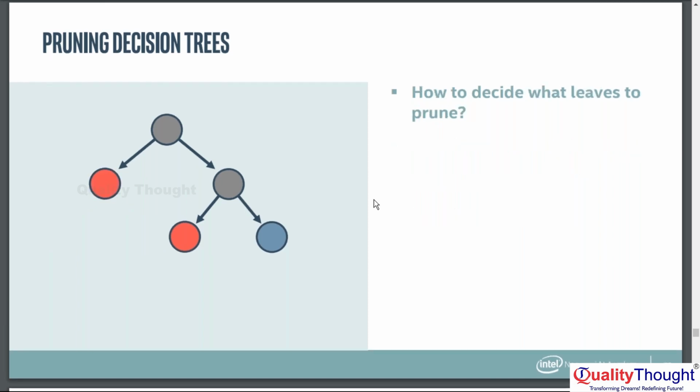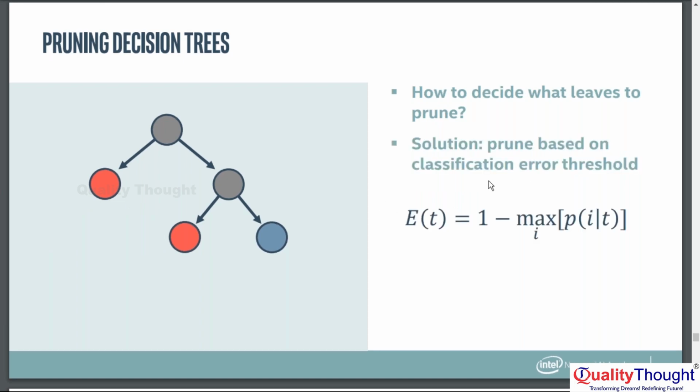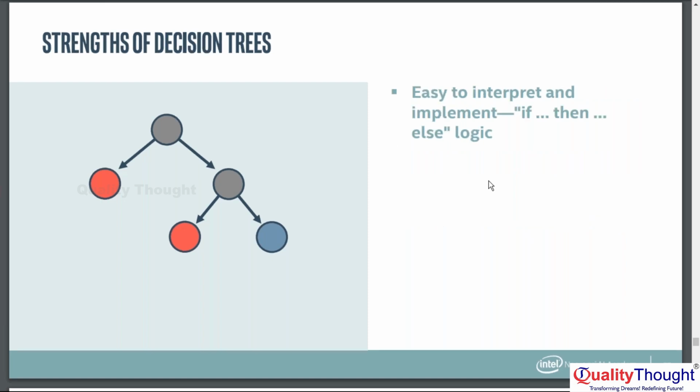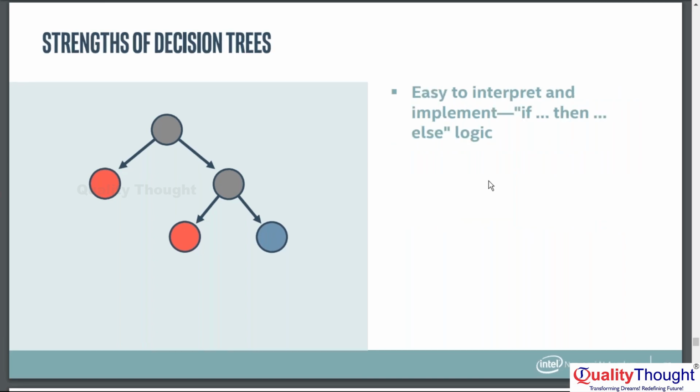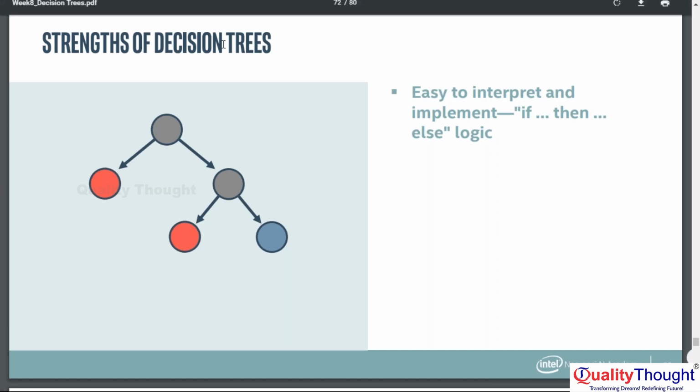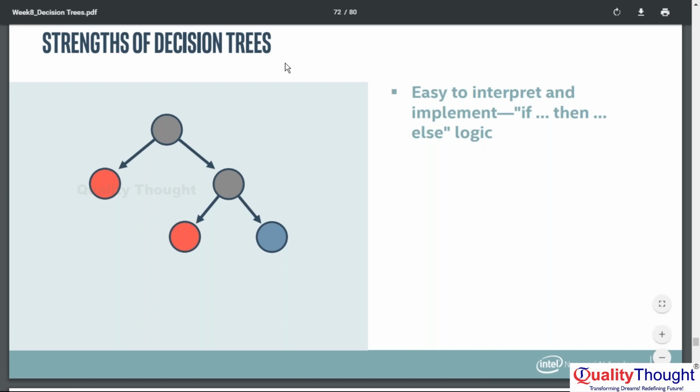So how do we decide which leaves need to be pruned? We have a formula for that, based upon the classification error threshold that we can keep an eye on. Based upon the classification error threshold, you can always try implementing pruning of the trees. What do we mean by the strength of decision trees?